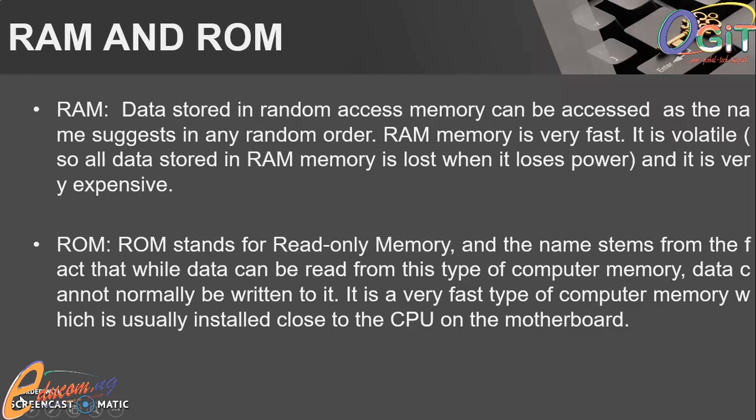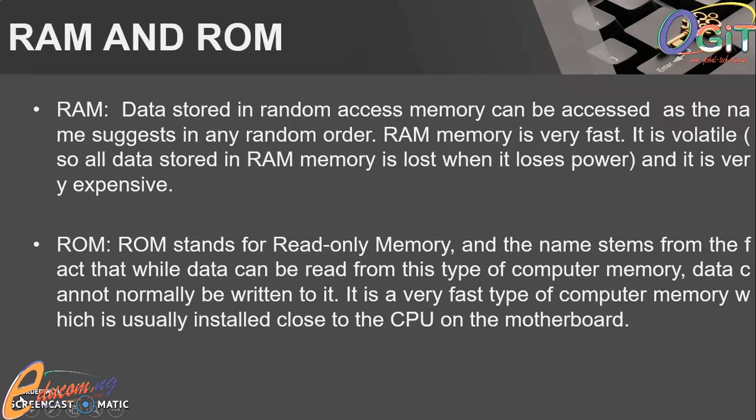ROM stands for read-only memory, and the name stems from the fact that while data can be read from this type of computer memory, data cannot normally be written onto it. That is, you can read from it, but you normally cannot write onto it. It is a very fast type of computer memory, which is usually installed close to the CPU on the motherboard.